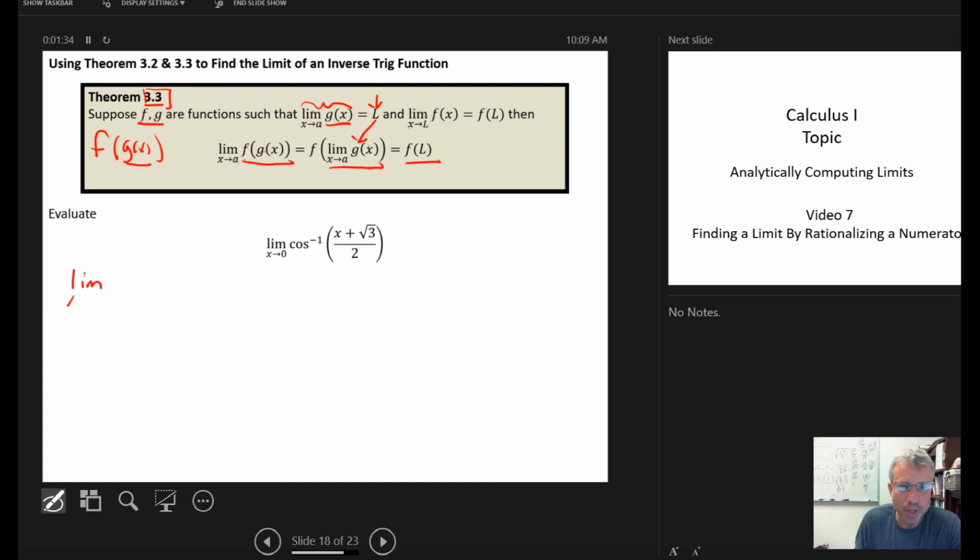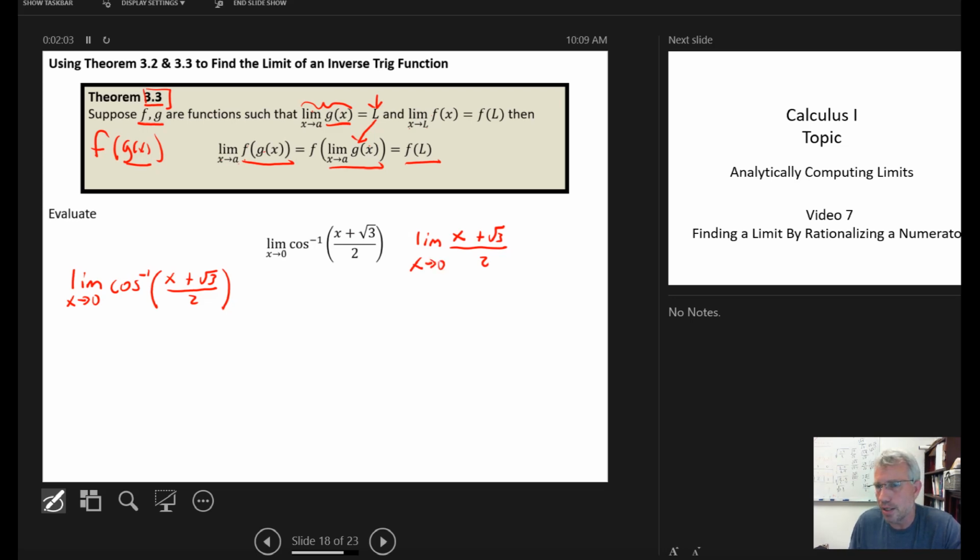Limit as x goes to 0 of the cosine inverse of x plus the square root of 3 all over 2. Step one is to look at the function on the inside, x plus the square root of 3 over 2, and ask yourself, does the limit as x goes to 0 of this function exist?